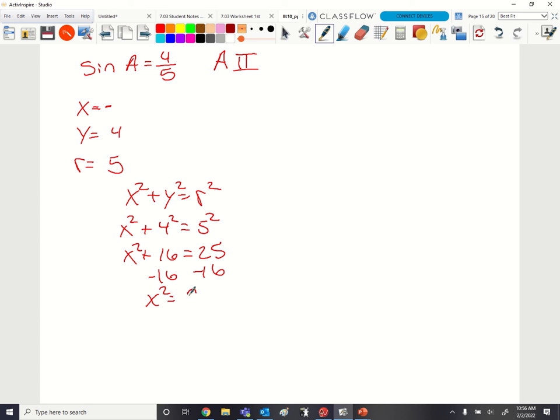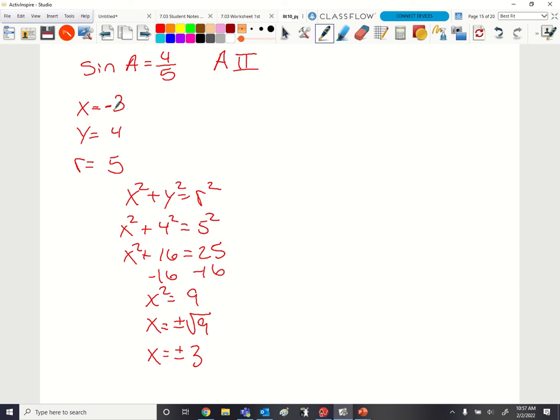And to undo my square, I'm going to square root both sides. So x is equal to plus or minus the square root of 9. Because the square root of 9 is just 3, and we said that this is going to be in quadrant 2, that means it's going to be a negative 3.